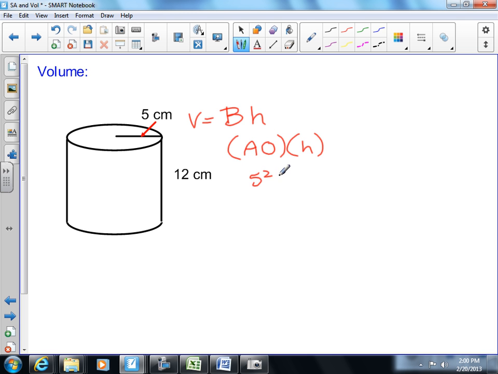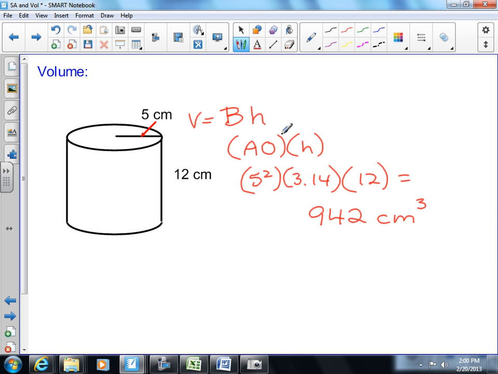You're going to have 5 squared times 3.14 times your height of 12. And you get 78.5 times 12 is 942, and that would be cubic centimeters.